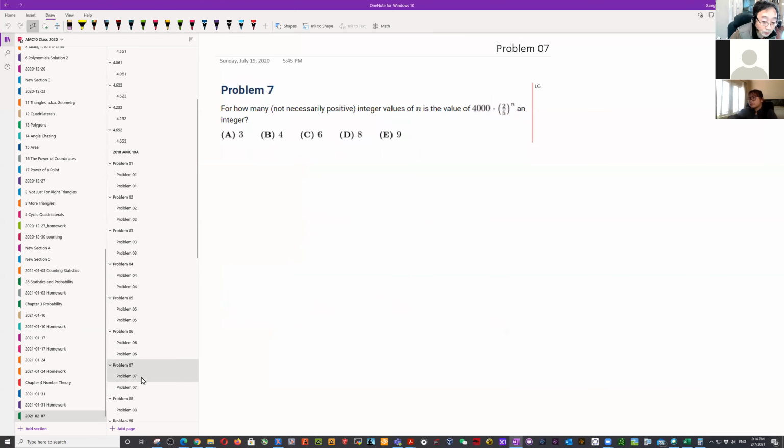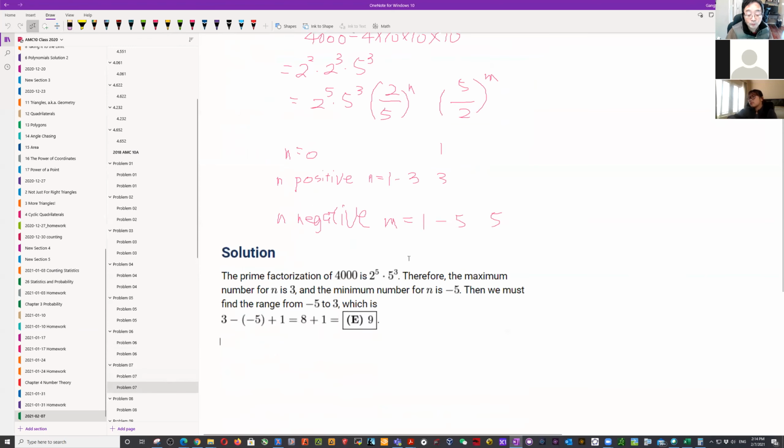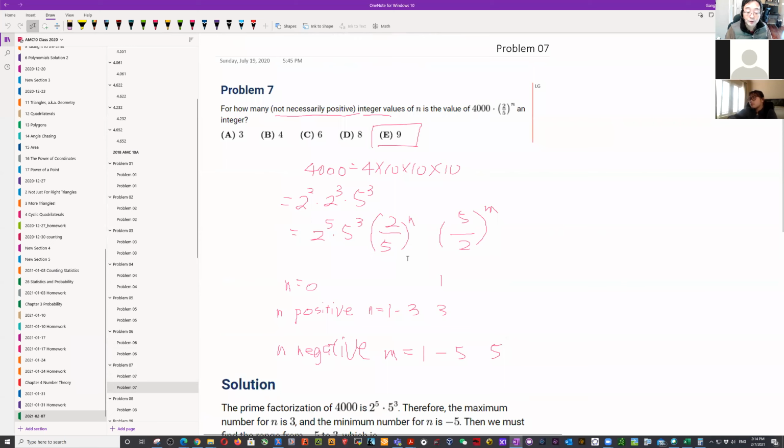Let's see this problem. Yeah. This problem is about prime factorization and exponent counting. So basically the first step is that we have to completely factorize 4,000.